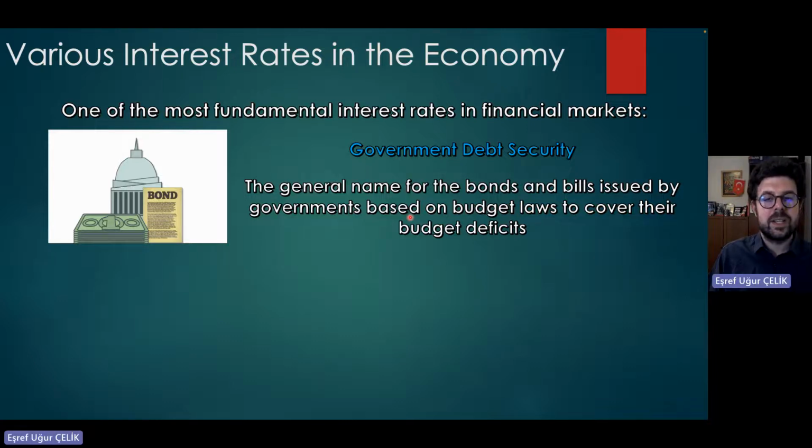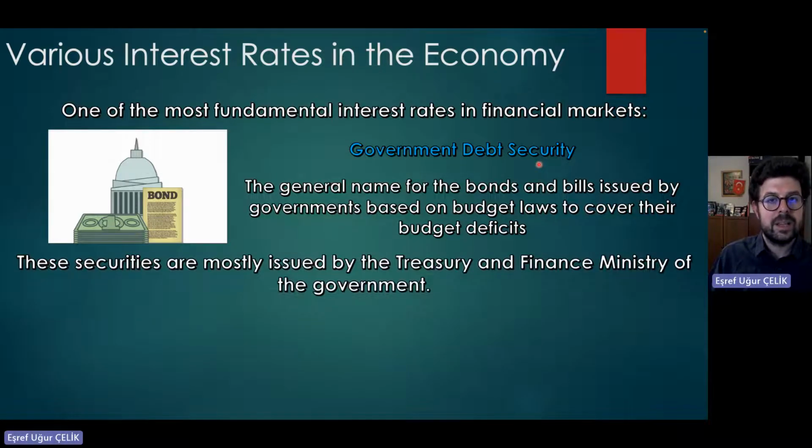You know, in election time, the government uses their resources, so their budget deficit position becomes higher. So one of the ways of covering the budget deficit is that the government issues government debt securities.